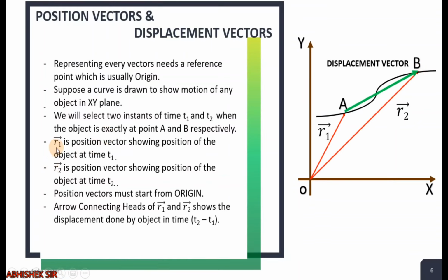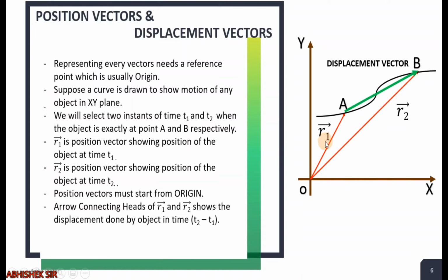Okay. Now very important, position vector. So we can say that exactly at this point at A, the object was there at time t1. So how far was it from the origin, from our reference point? So that will be nothing but our position vector. So always start from origin till the exact point.